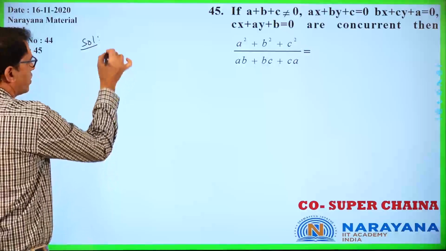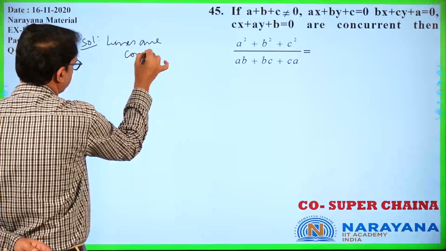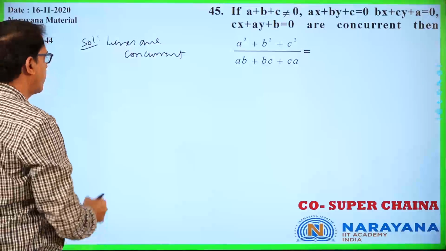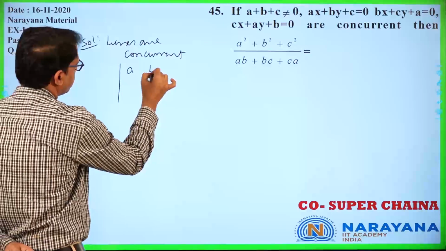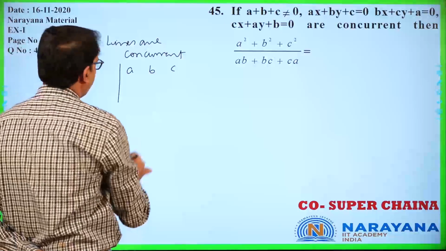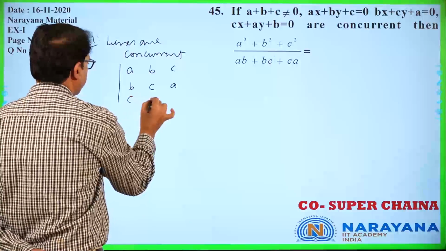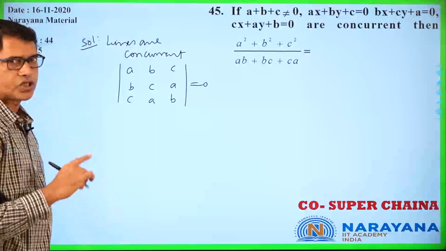So in the previous case, the lines are concurrent. So from this one, the determinant of (a, b, c), then (b, c, a), then (c, a, b) equals to 0. Just now we did.